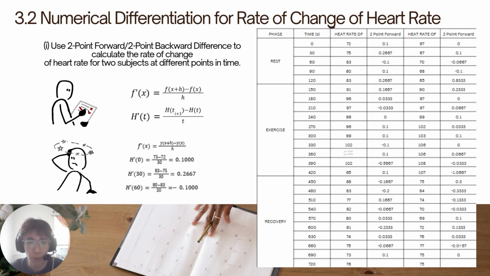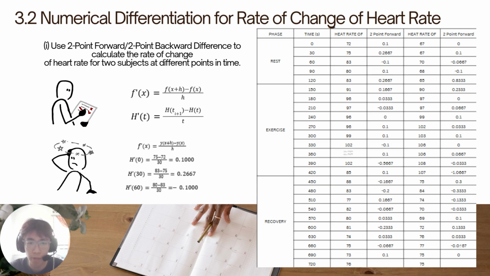For part 3.2, numerical differentiation for rate of change of heart rate, we use the 2-point forward difference to calculate the rate of change of heart rate for two subjects at different points in time. The numerical method used in this section is the 2-point forward difference method, given by the formula f'(x) equals f(x+h) minus f(x), over h.